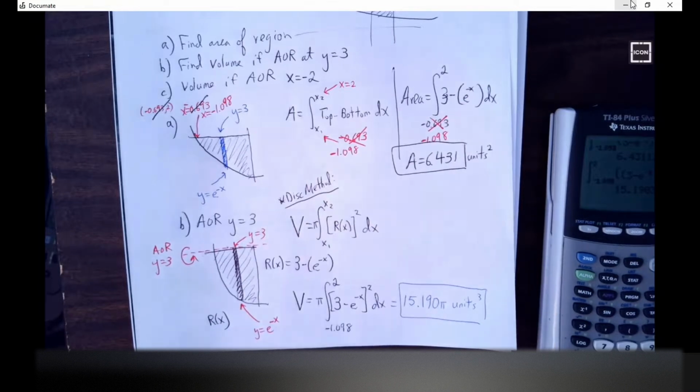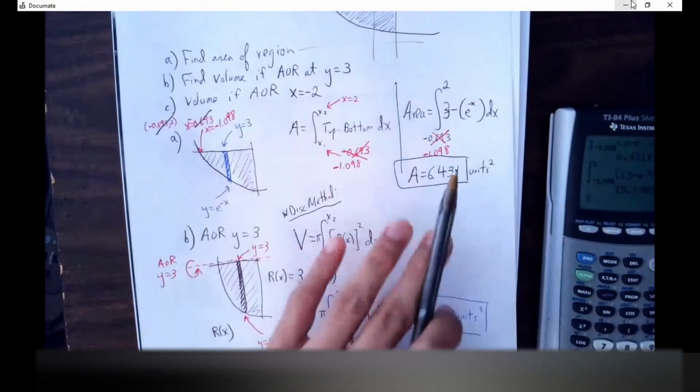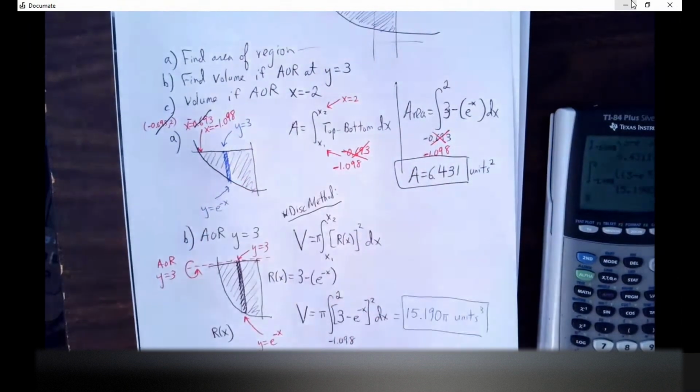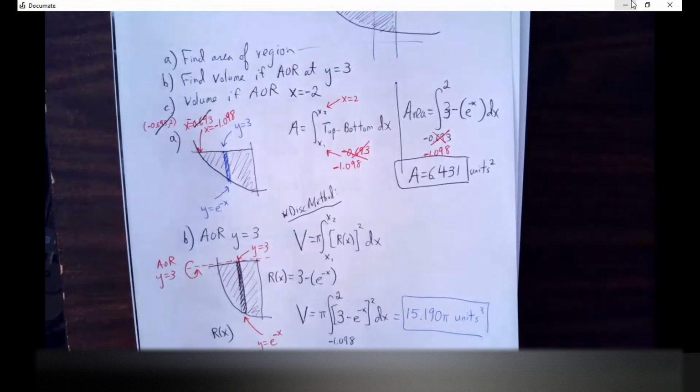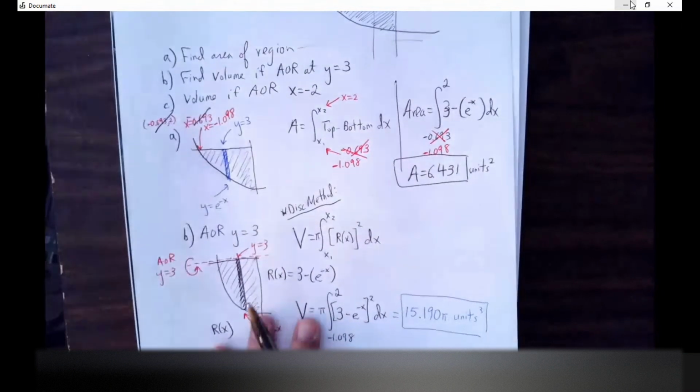All right, let's do part C. Rotating around x equals -2. So I'll just put this on a separate sheet and I'll redraw the graph. Anybody still need to look at A or B?